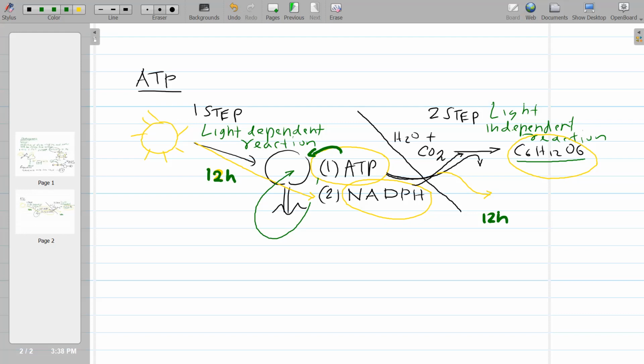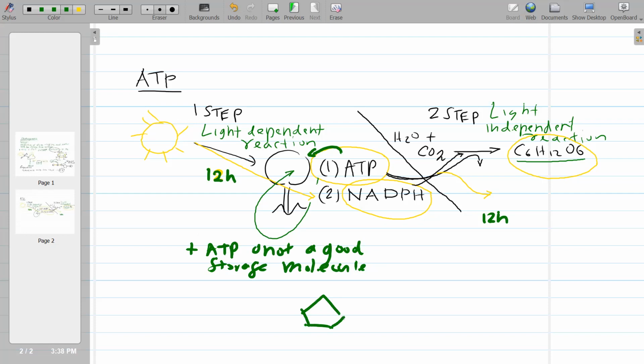But ATP is not a good storage molecule. I mean, we don't want to go into too much detail, but when you look at the ATP molecule, the phosphate.